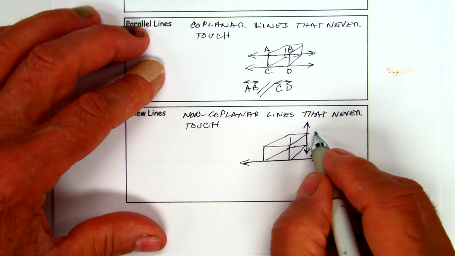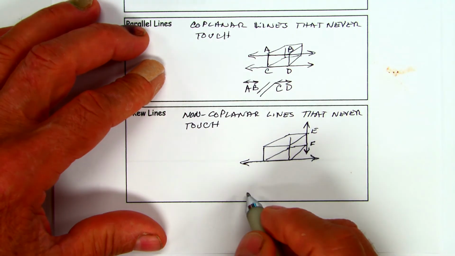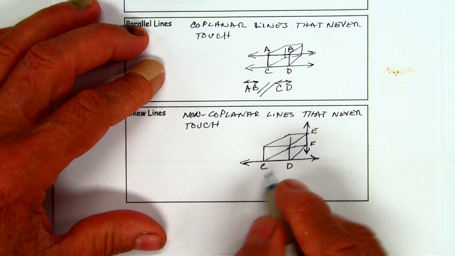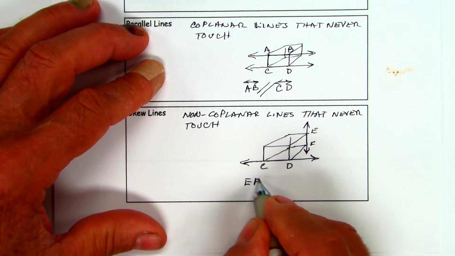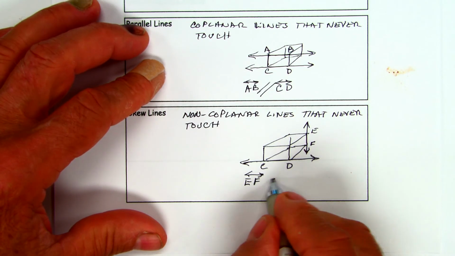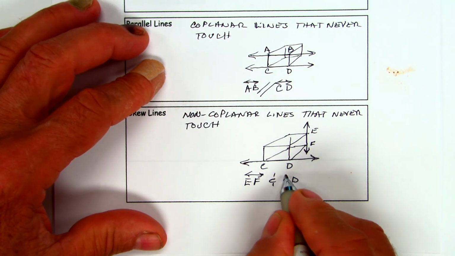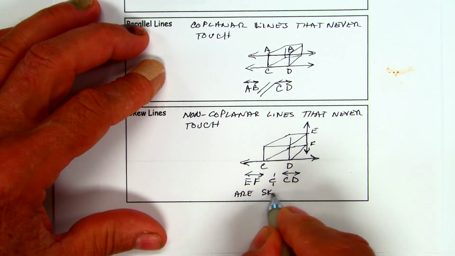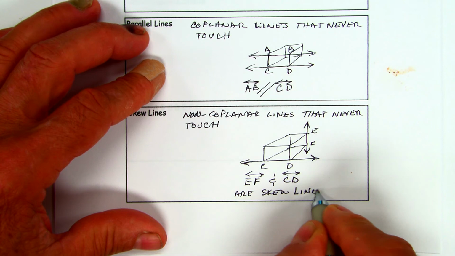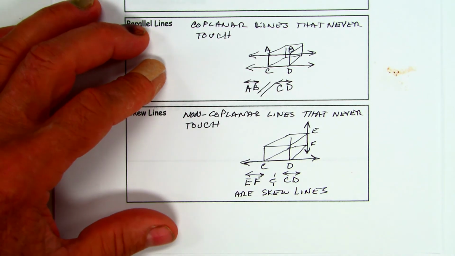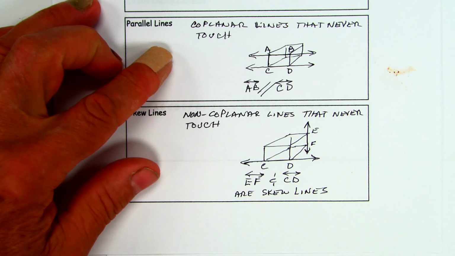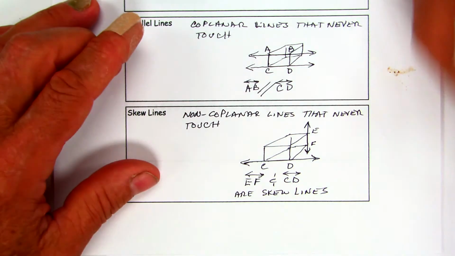Say this was line EF, and this is line CD. We would say that line EF and line CD are skew lines, because they'll never touch, but they're non-coplanar. Whereas the parallel lines, they never touch either, but they are coplanar lines.